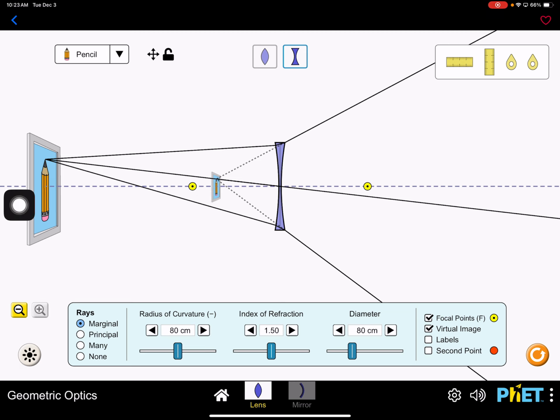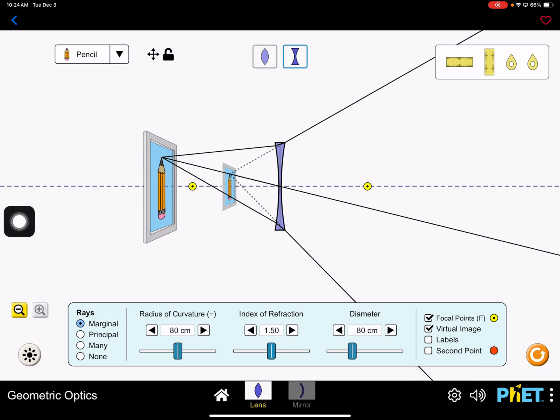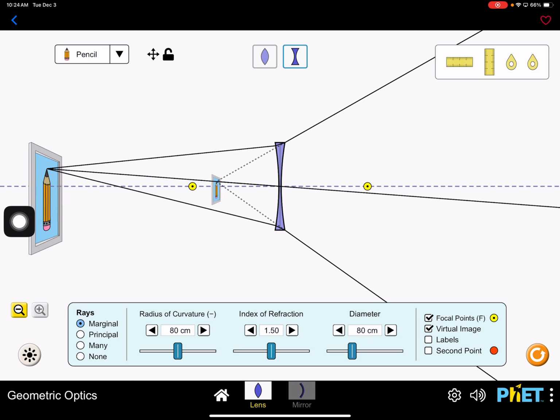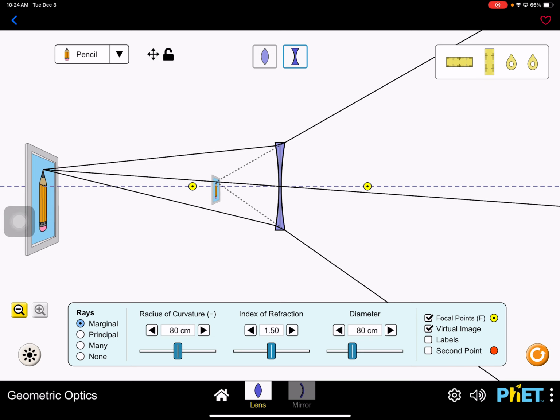So when I went to the doctor, they find out what my far point is, and that's the focal length they give you. Any image is made within my far point. So that's what happens. So again, no matter where I move this lens, a concave lens is used for distance vision.